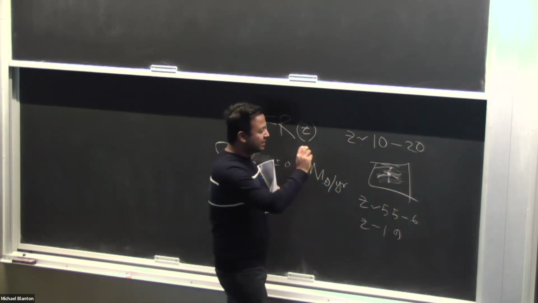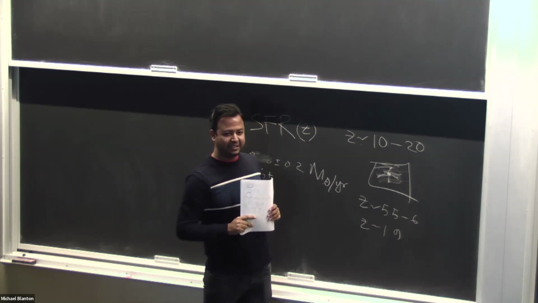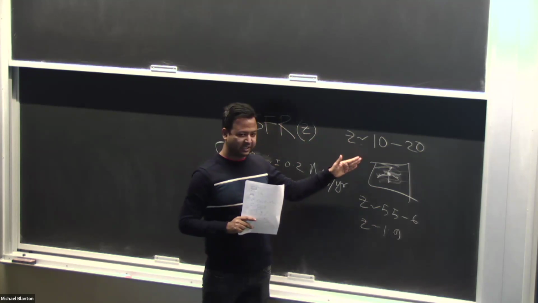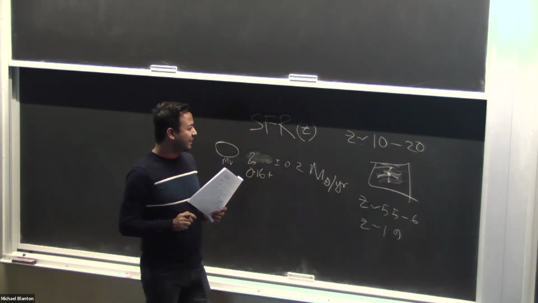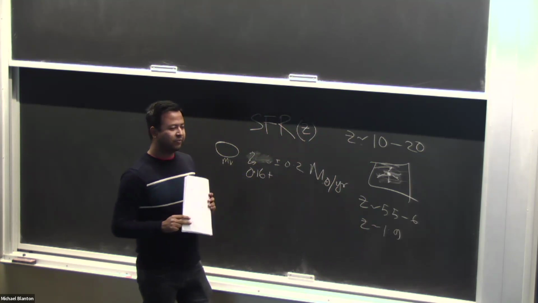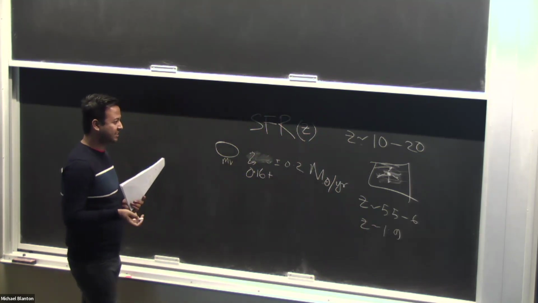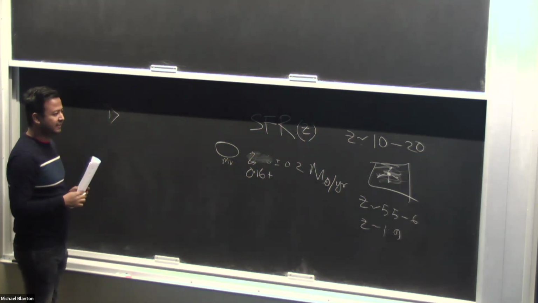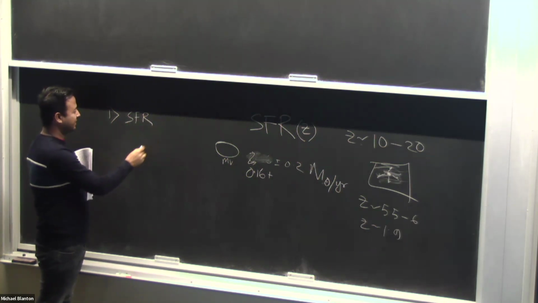So we need a probe that can probe the star formation rate history across a broad redshift range so that we can better understand the physical processes. Now, there should be a new probe that can satisfy a few conditions. One is that the new probe should be related to, or depend on, the star formation rate.